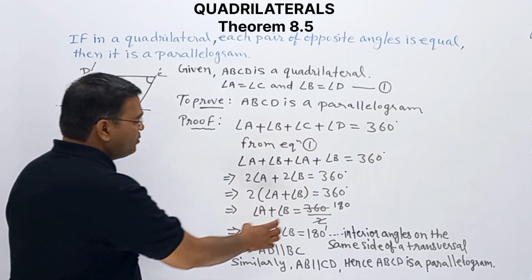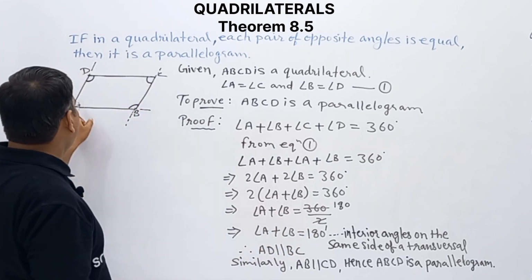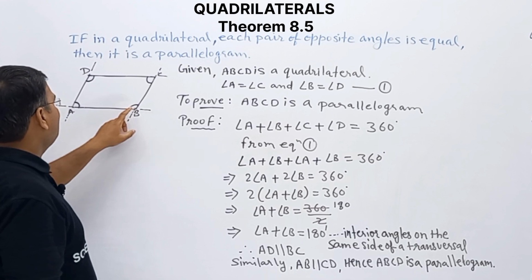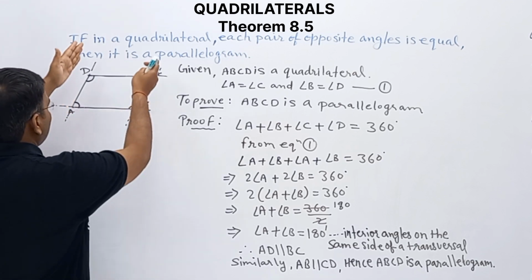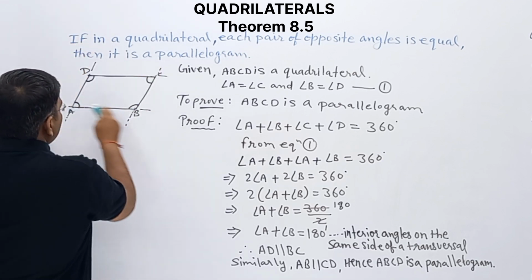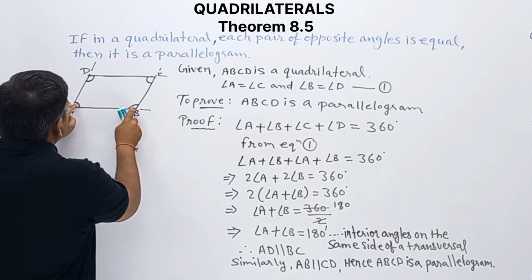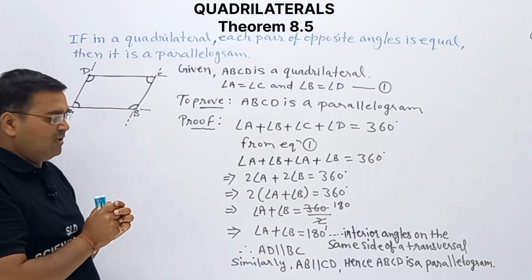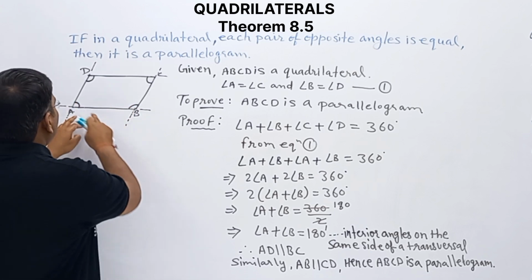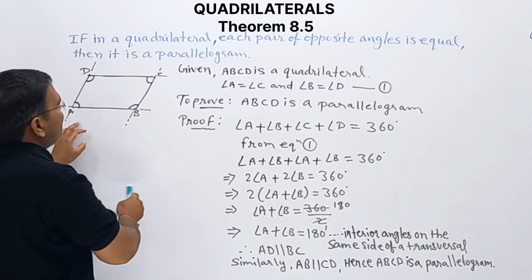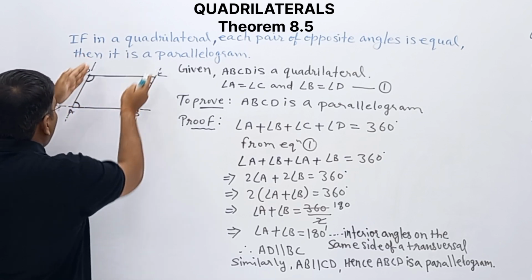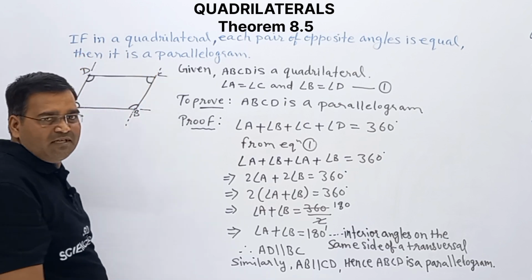And what is the meaning of this? The sum of angle A plus angle B is 180. It means these are parallel lines and this is the transversal, then interior angles on the same side will be 180 degrees. So we can say these angles sum is 180. So AD is parallel to BC.